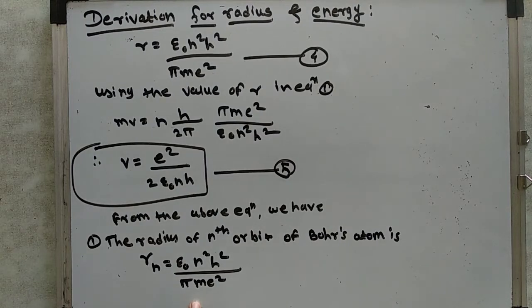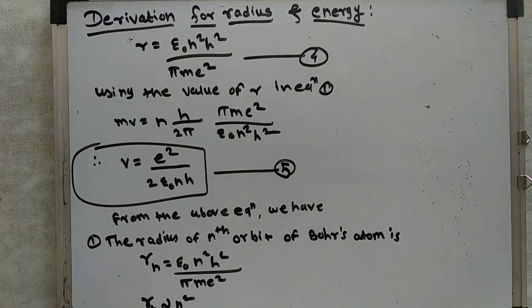From this expression we observe that rn is proportional to n square.